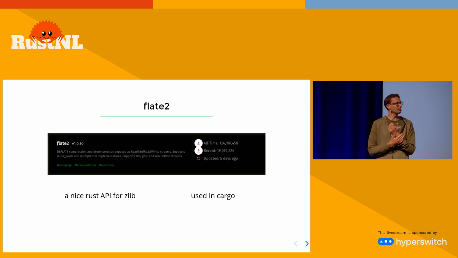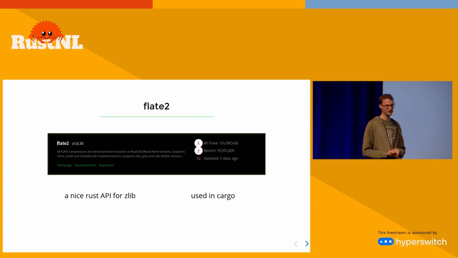So if we want to do better than that, in Rust, the recommended way to interact with gzip files is Flate2. And this is a crate that provides a nicer API for zlib and similar functionality. So instead of that nasty pointer-based thing, we actually get impl Read, impl Write, we return Results, etc. It's very nice.